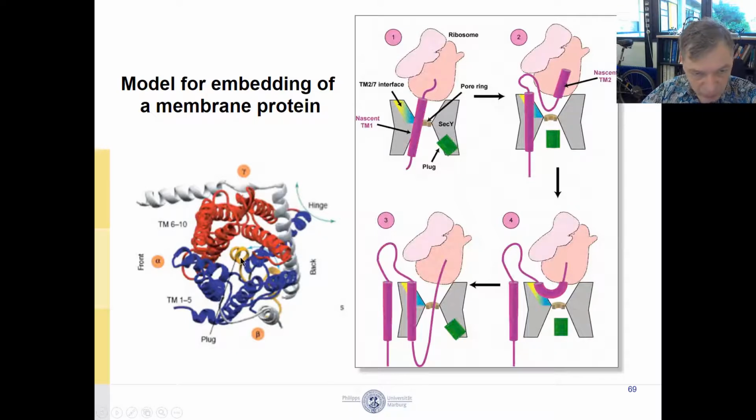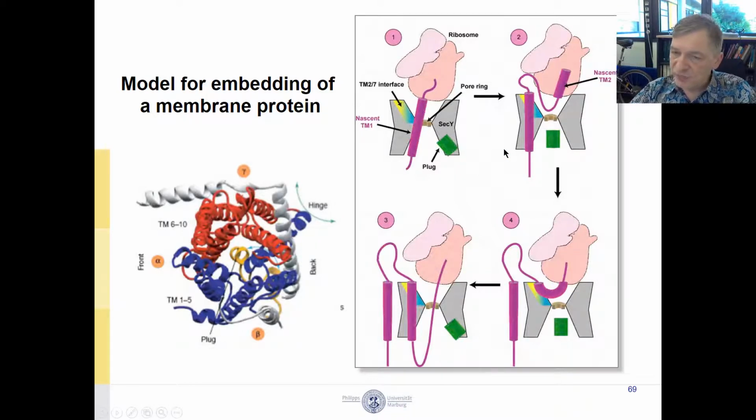So they can release something that is in the translocon at the moment, a helix formed here. When it's very hydrophobic, it can interact with this region here and causes it to open up and to release it to the lipidic bulk environment. And by this, the transmembrane helix is released.